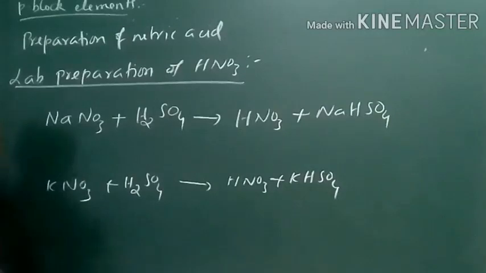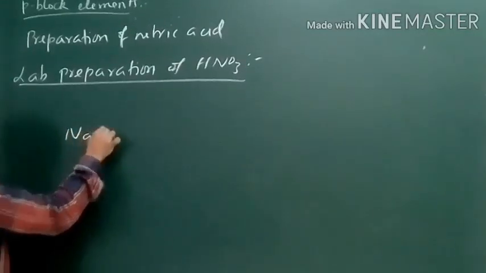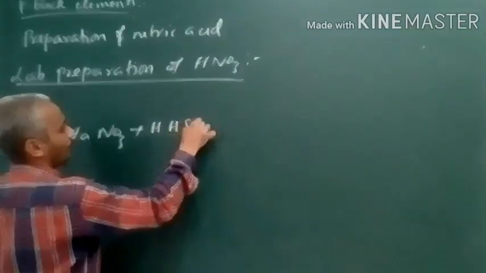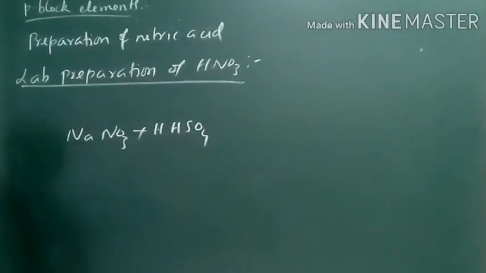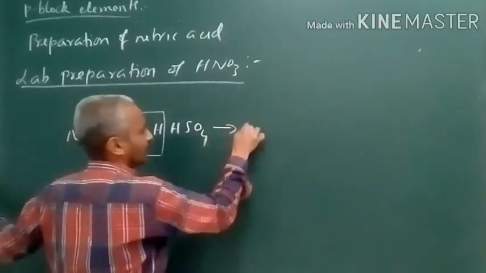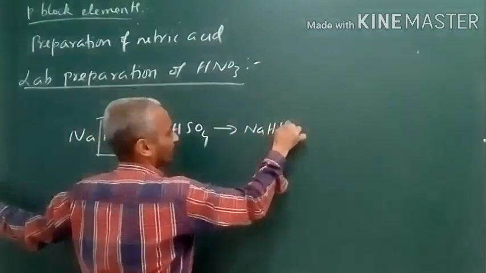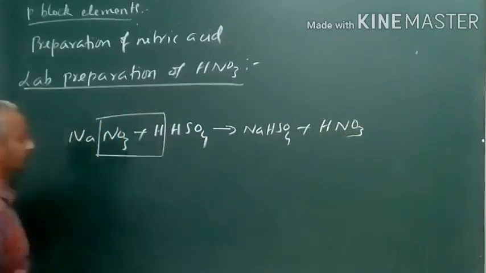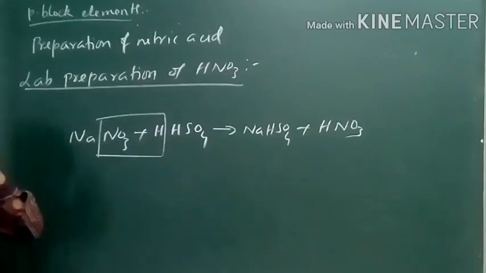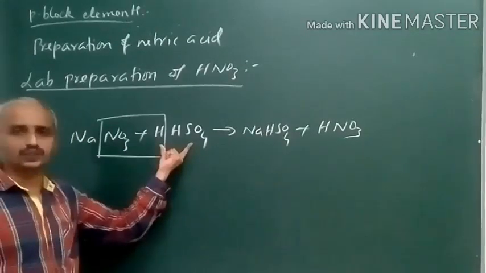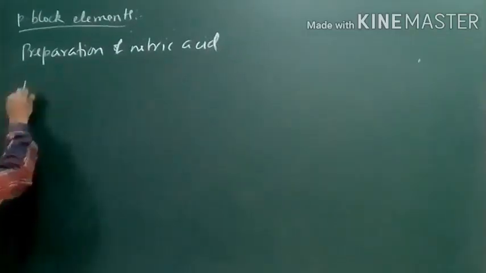How exactly is the reaction? NaNO3 plus H2SO4. This hydrogen will be removed, so I get NaHSO4 as one of the products, and this HNO3. This is how the reaction takes place.